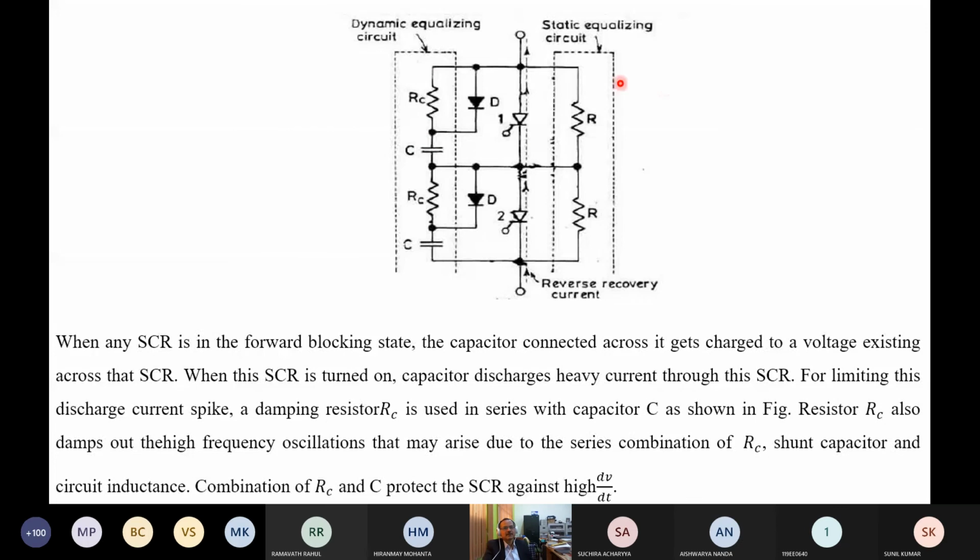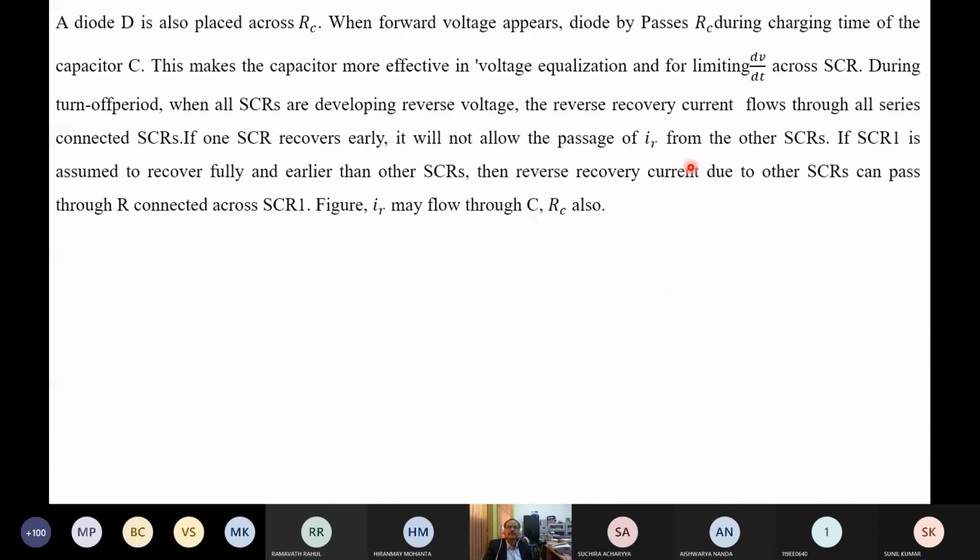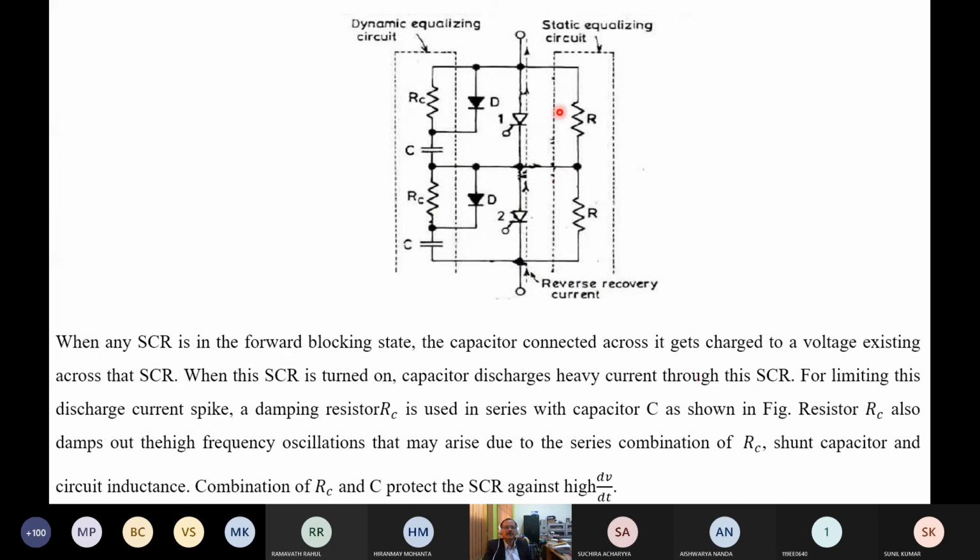So if one thyristor turns on faster, then the leakage current will flow through R. During the transient, when they are recovering, the reverse recovery current will flow through the resistance.